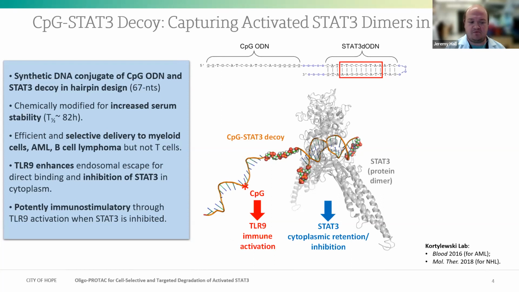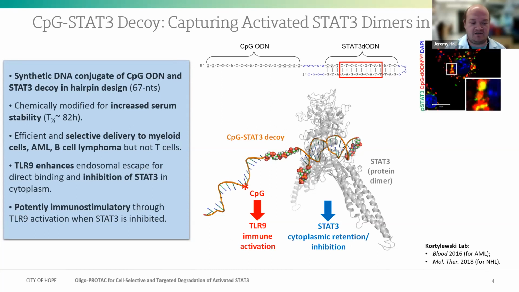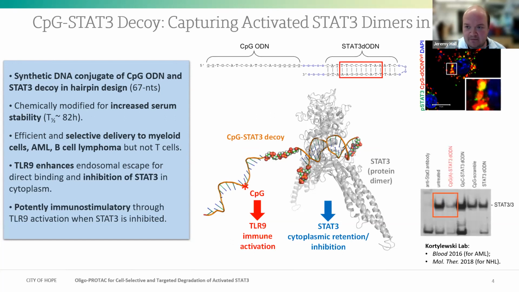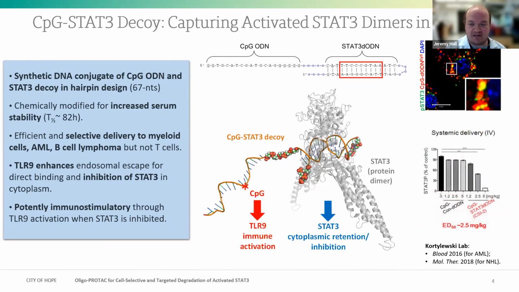And so previously published data from our lab showed that this oligodeoxynucleotide can be rapidly taken up by myeloid cells. It can interact with STAT3 in the cytoplasm, interfere with its nuclear translocation, inhibit STAT3 activity, and ultimately show a dose-dependent reduction of STAT3. And in addition, they were able to show that the CpG motif caused some immunostimulation that brought interest from an immunotherapeutic standpoint.